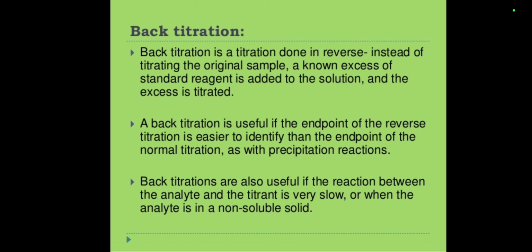Instead of titrating the sample, a known excess of standard reagent is added to the solution and the excess is titrated. A back titration is useful if the endpoint of the reverse titration is easier to identify than the endpoint of the normal titration. As with precipitation reactions, back titrations are also useful if the reaction between the analyte and the titrant is very slow, or when the analyte is a non-soluble solid.